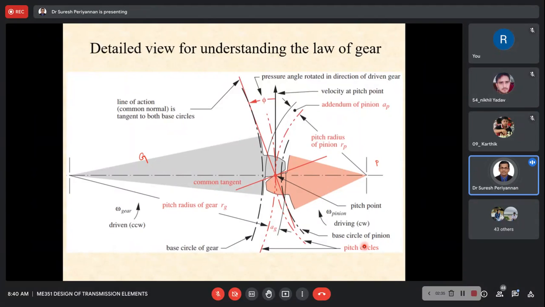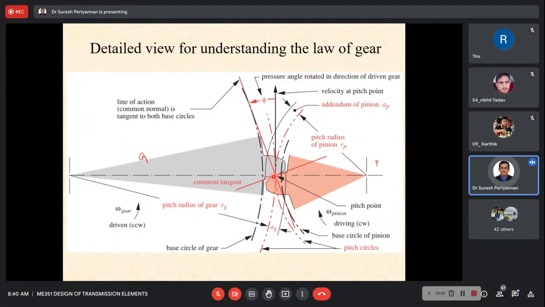The corresponding circles are called the pitch circles. With respect to this common point, we sketch the line showing the pitch circle of the gear and pinion. The line passing through this common point is the gear's radius, that is the pitch circle radius of the gear.